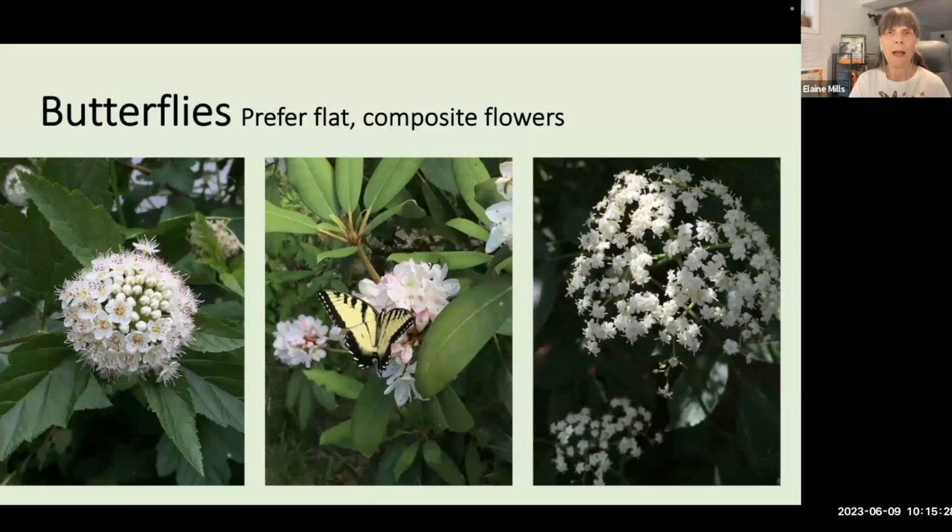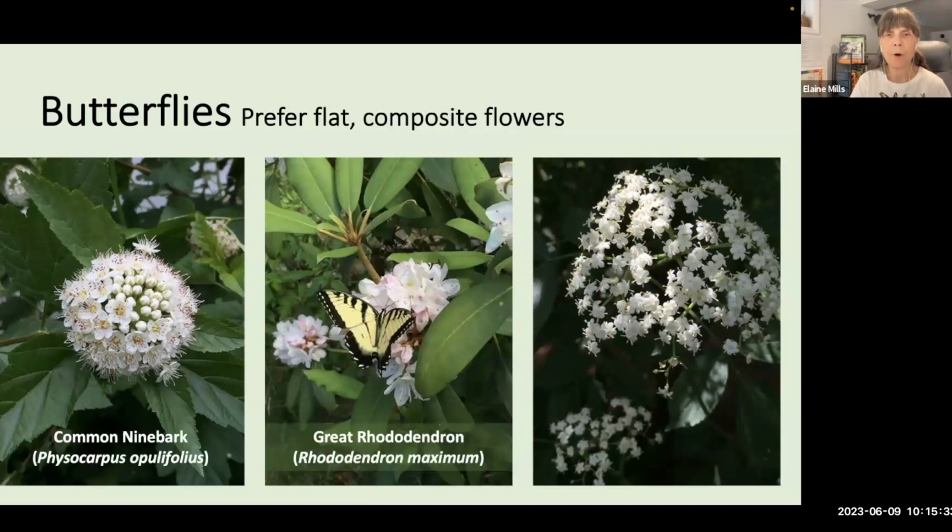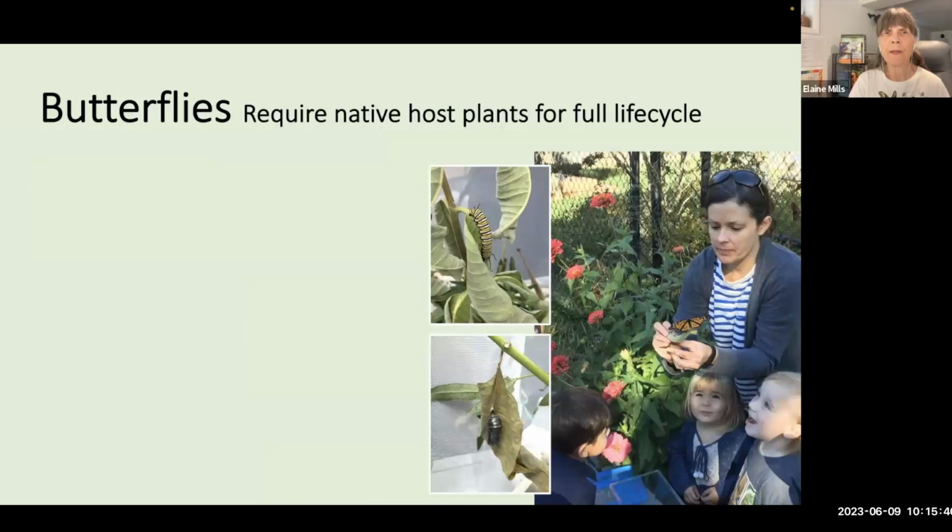Butterflies prefer flat or composite flowers, such as common ninebark, great rhododendron, and common elderberry. One really important thing to be aware of is that butterflies require native host plants for their full life cycle.